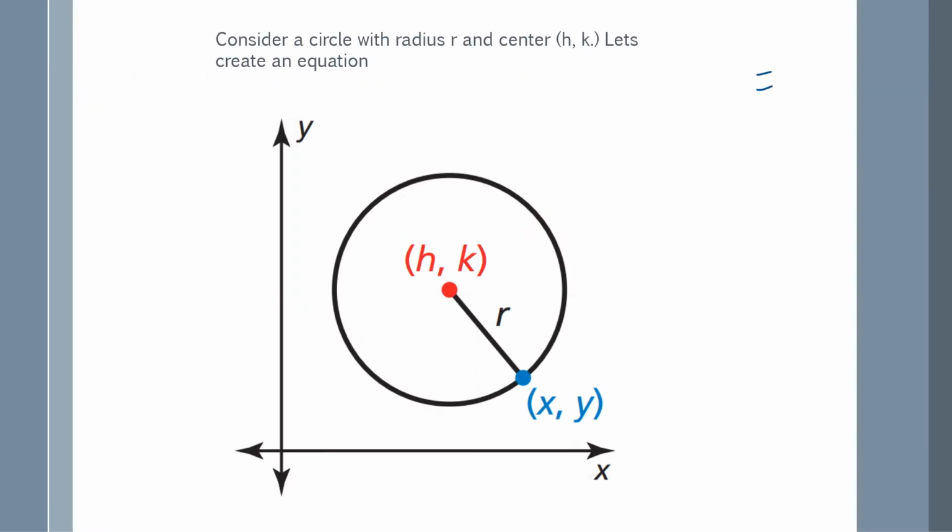All right, so now we got to create an equation with the radius r, the center h and k, and x and y. So look, ask yourself this question. We see that we got 2 points, right? h, k and x, y, and we have a radius. What equation are you going to think about using?